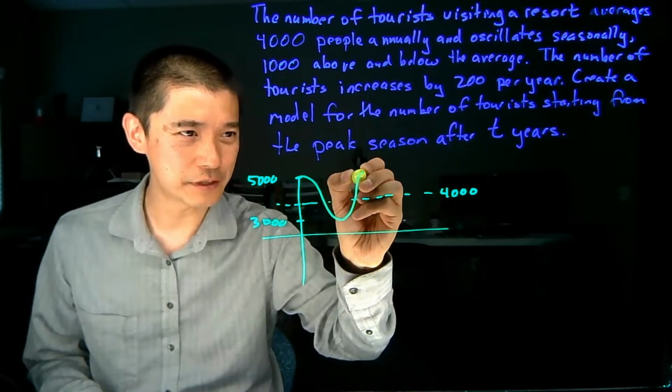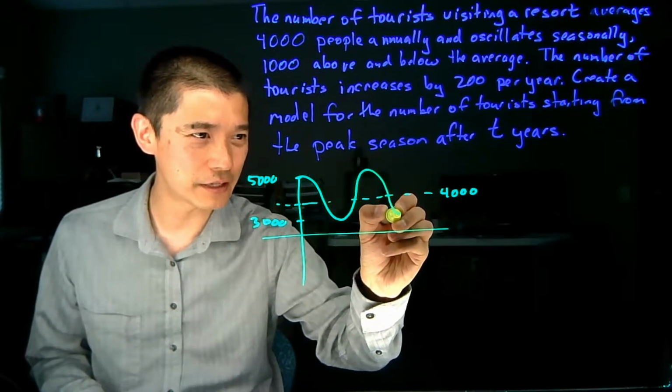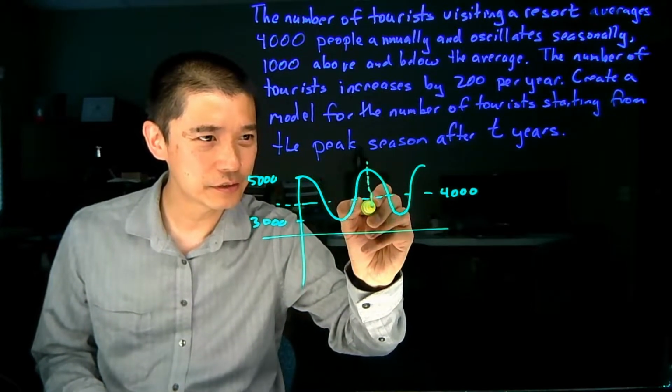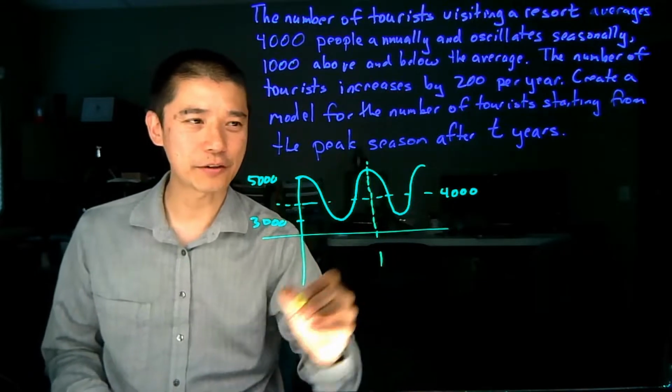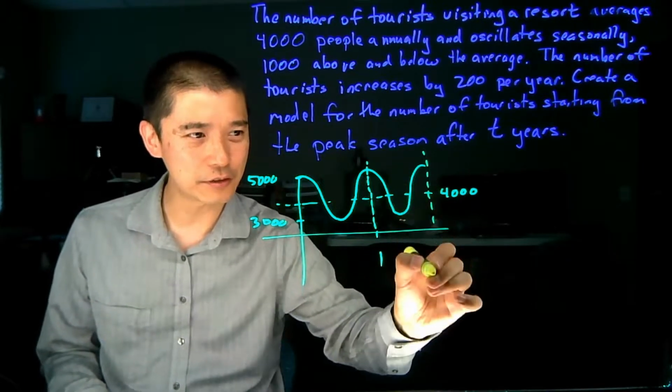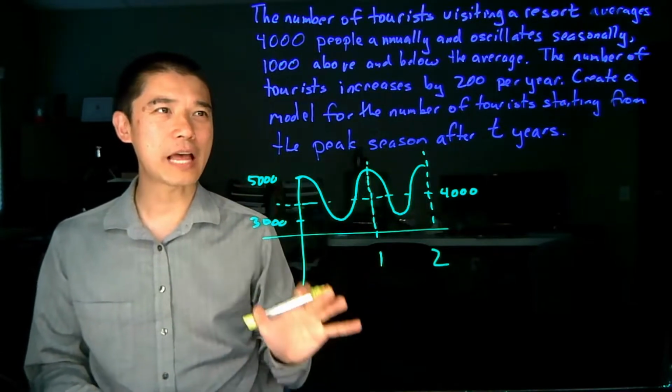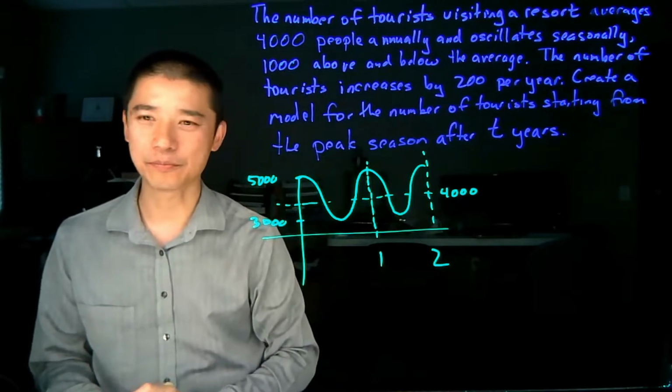It's going to go down in the next peak season, and then the quiet season, and then peak season, and so on. And so every year, we have this 1 year cycle, and then another year, we have another cycle. Right, so this is the picture without the increasing tourism.